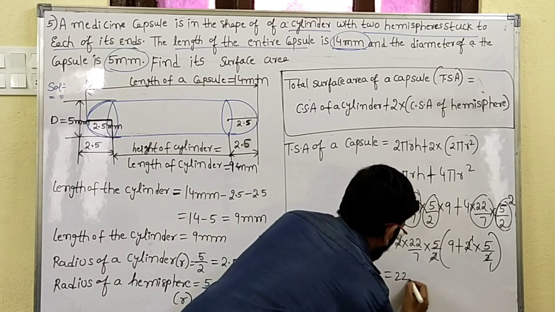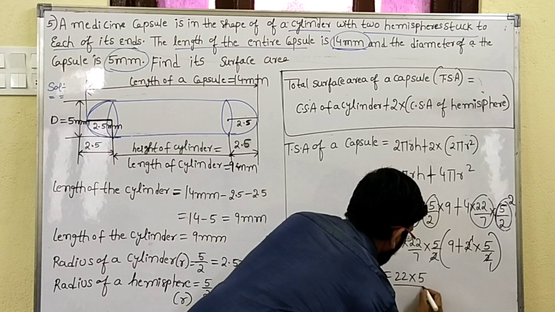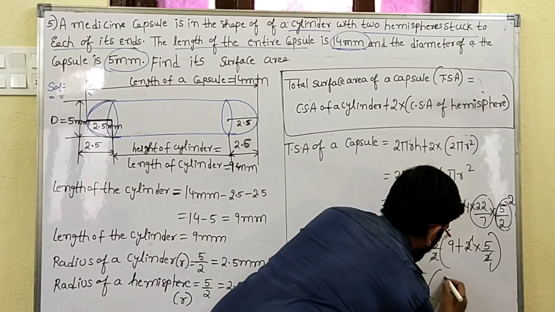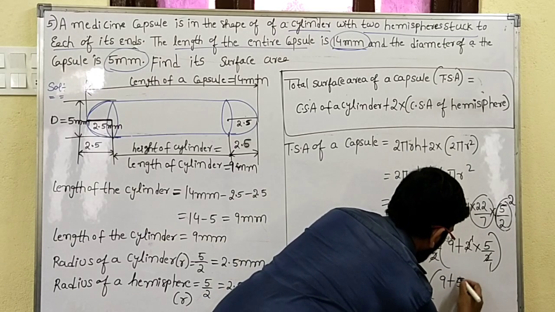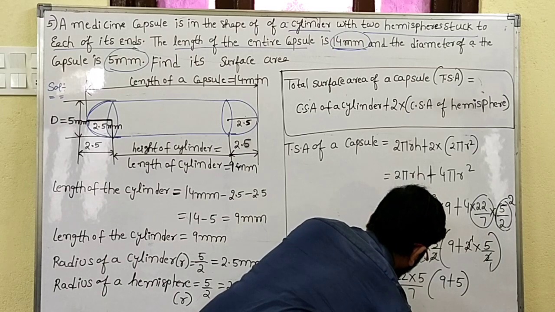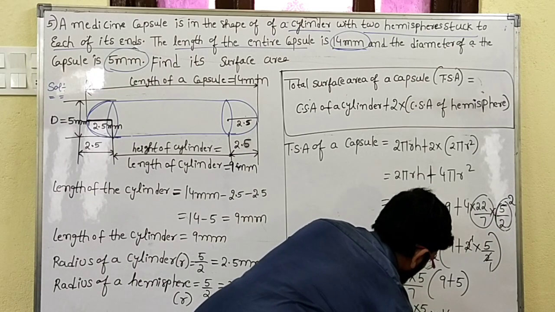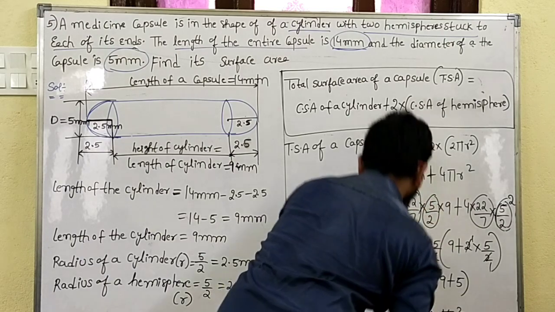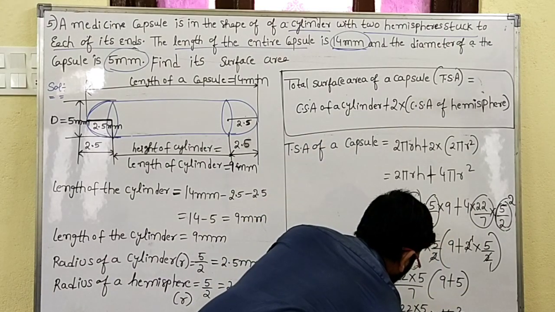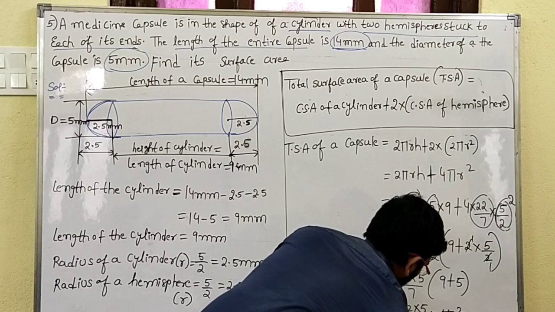It will be 22 into 5 by 7 into 9 plus 5. So it will be 22 into 5 by 7 into 14. The 7 ones are 7, 7 twos are 14, so it will be 22 into 5 into 2.